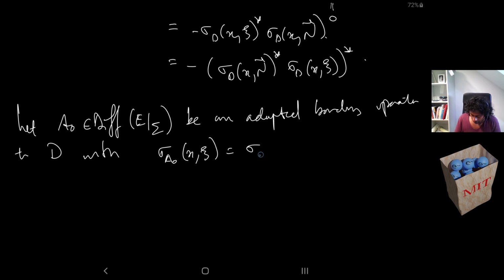Of course, we have to be careful. The adapted boundary operator depends on the choice of the inward pointing vector field that we choose. If we vary that, the adapted boundary operator also varies because the principal symbol condition on the operator varies, right? So it's really with respect now to this outward pointing conormal, right?